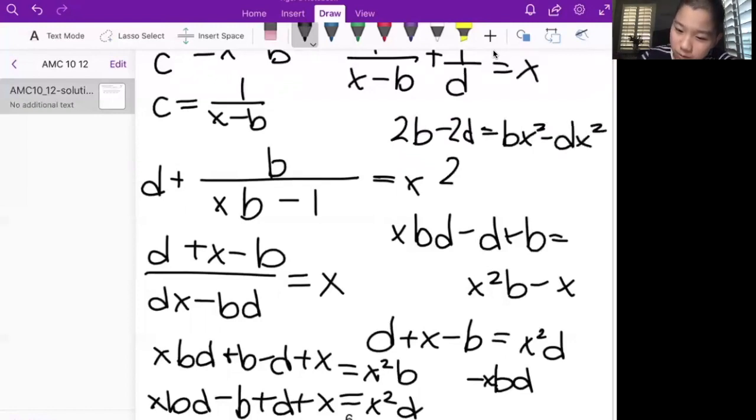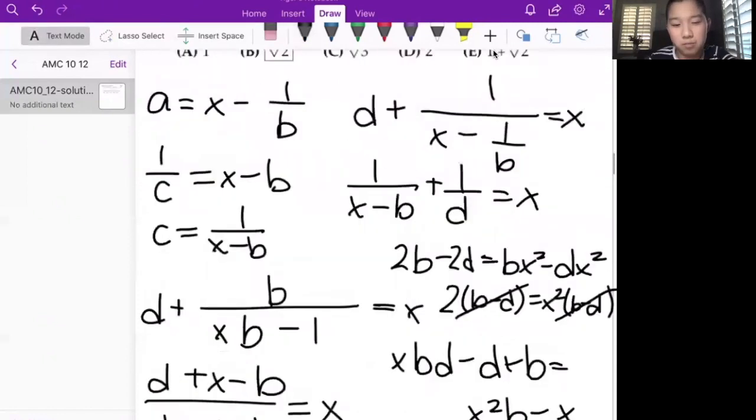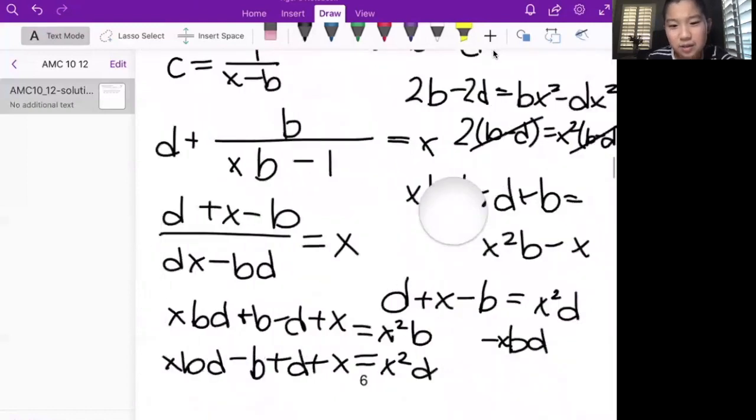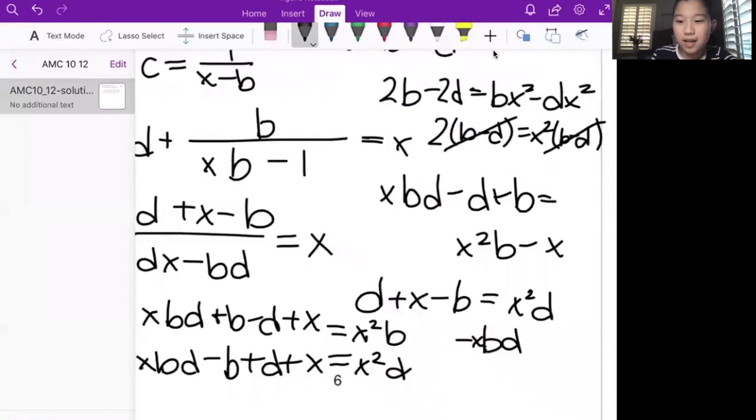So 2 times (b minus d) equals x squared times (b minus d). So now you can really see the symmetry. The (b minus d)'s can cancel because, as stated in the problem, b and d must be distinct. So that means x squared is equal to 2.